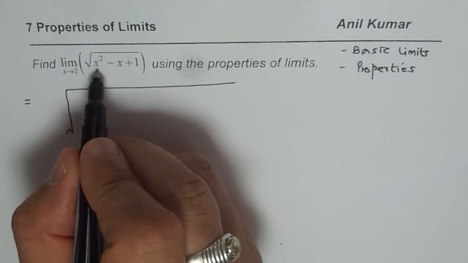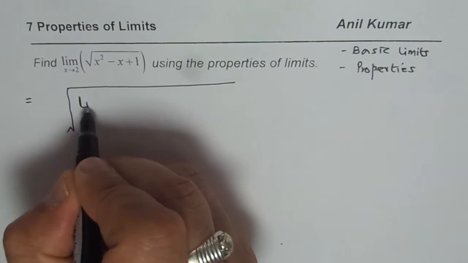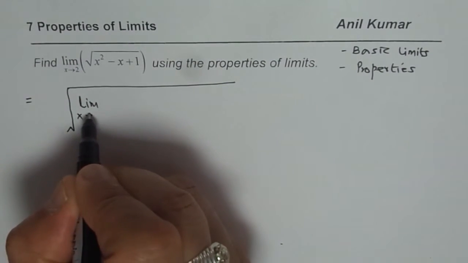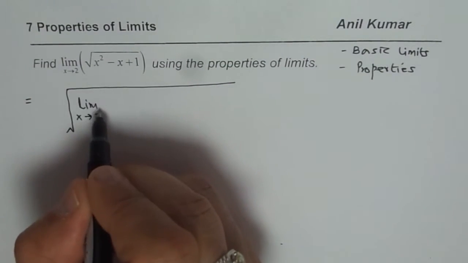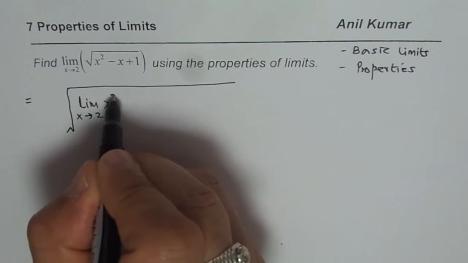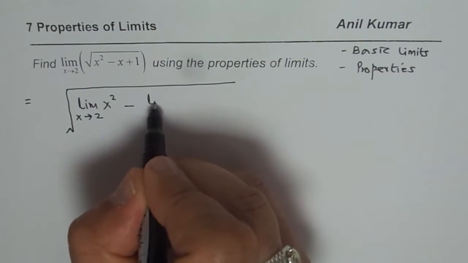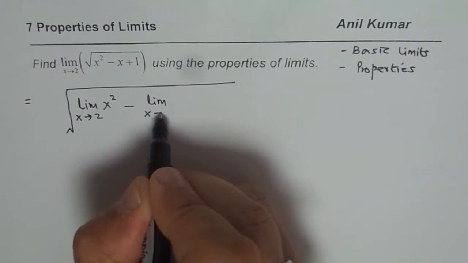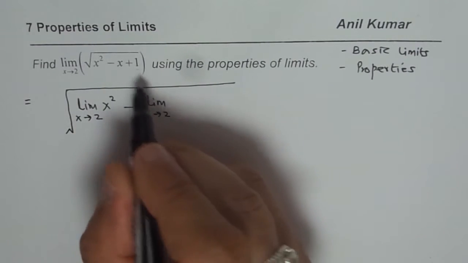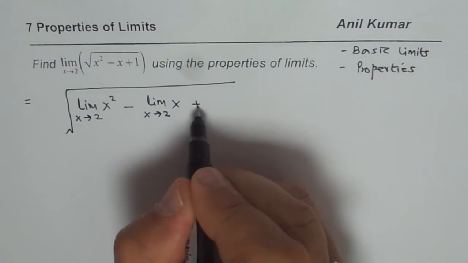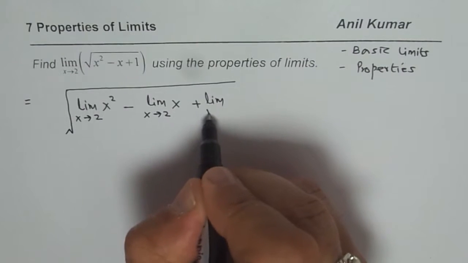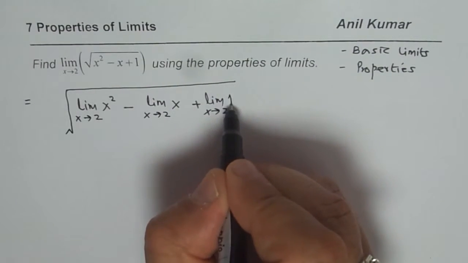So the combinations here are limit as x approaches 2 for x squared. We'll do it in steps. Minus limit as x approaches 2 for x, plus limit as x approaches 2 for 1, correct?